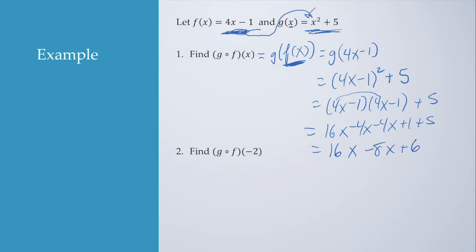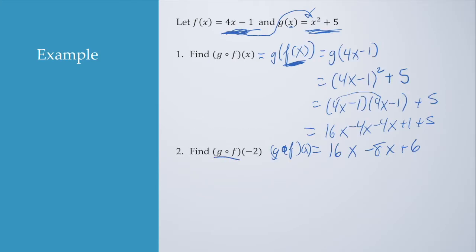Now I want to find g composed with f of negative 2. There's two ways I could do this. First, I could substitute negative 2 into the function we just found, which is g composed with f of x. This is our function that we found.